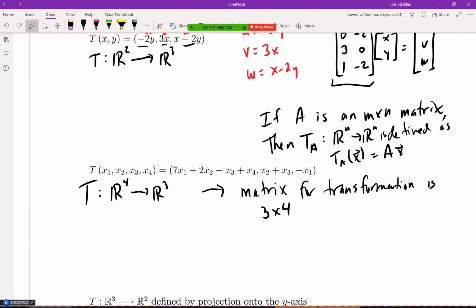All right, so in this case then, we have a 3 by 4, and then we can just write the numbers across. In the first row, looking at the first component, I better have 7, 2, -1, 1. In the second row, we better have 0, 1, 1, 0. And in the third row, we better have -1, 0, 0, 0.